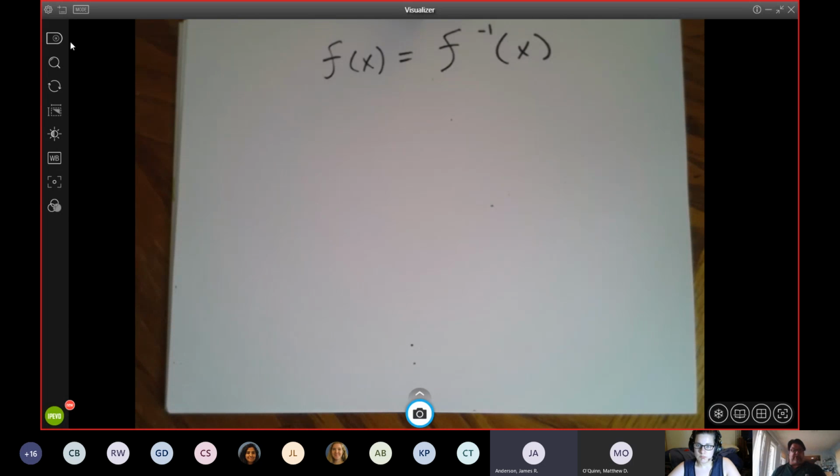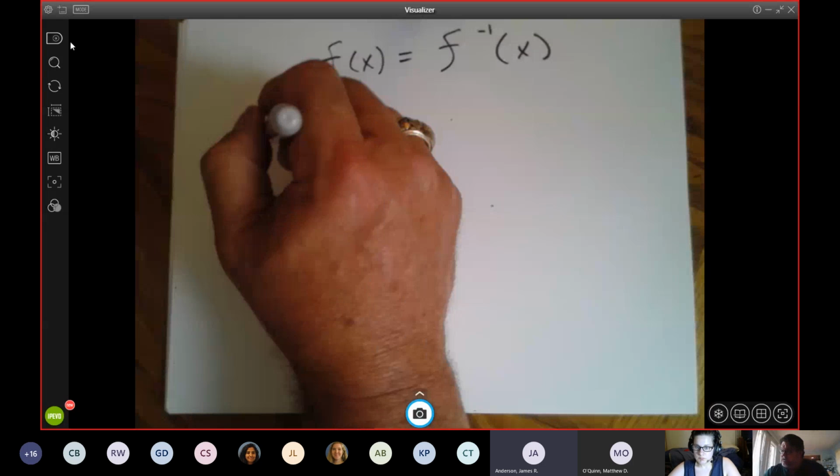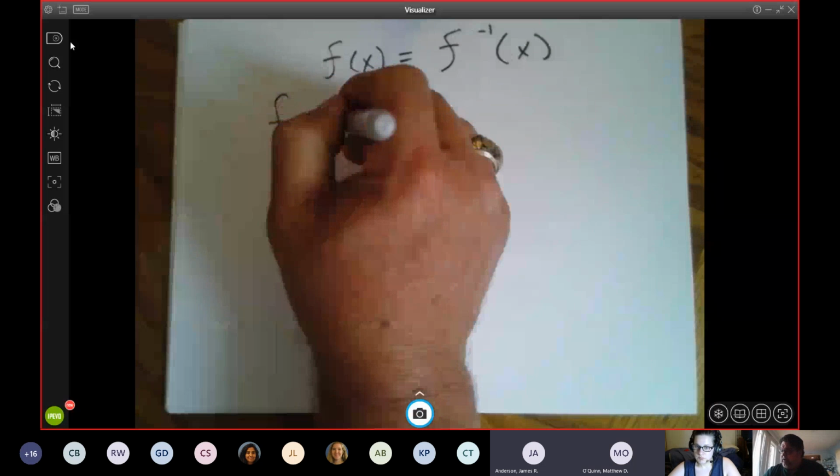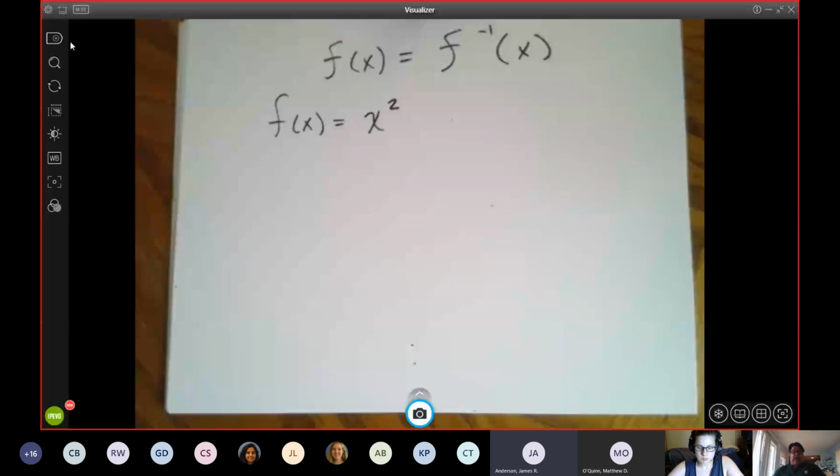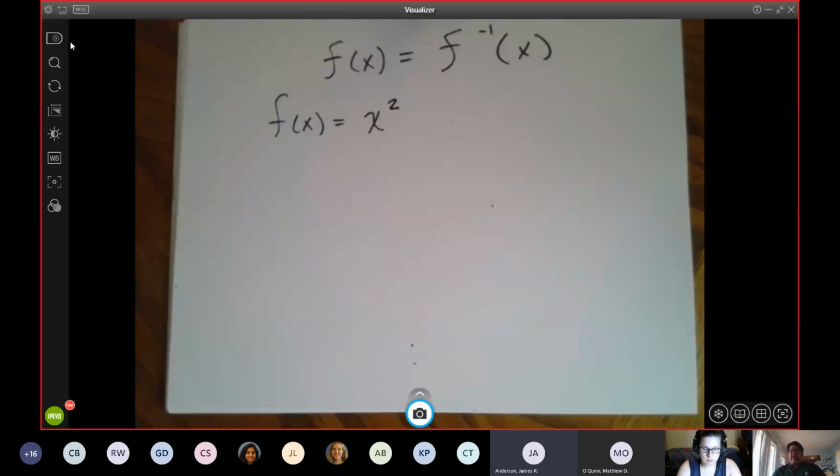Let's do this one as an example to knock your cobwebs loose. f of x is equal to x squared. I want each of you to find the inverse function of that. If you can't, just sit there and stare at it, because we'll do it in a minute, all of us.